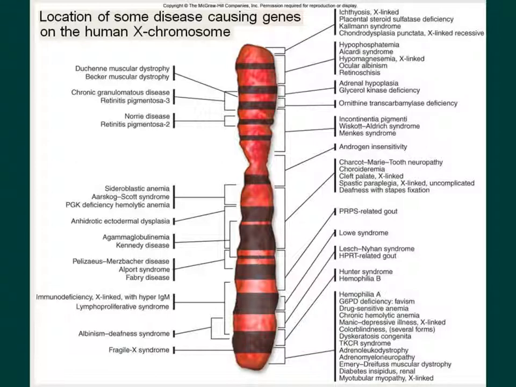So because we have a bunch of genes on here, bad ones, does that mean there's like a 40 to 1 chance that we're gonna get one of them? No, because of the frequency with which the disease gene occurs. A lot of these genes, the bad versions are not very common in the population.